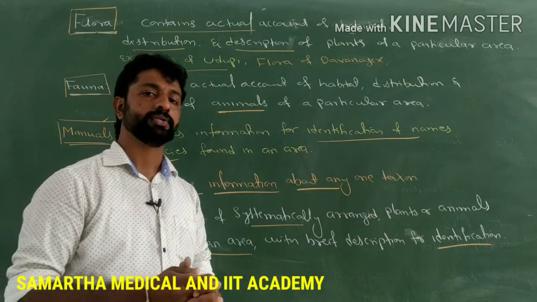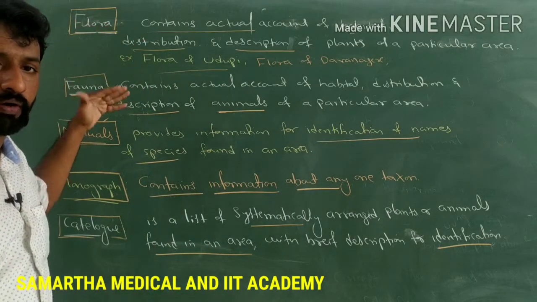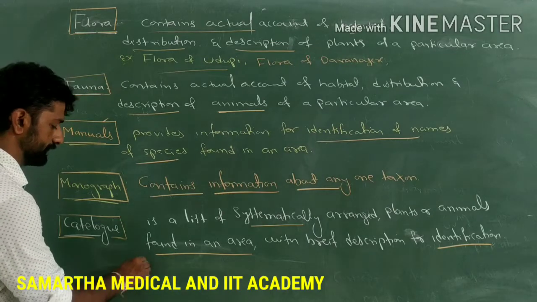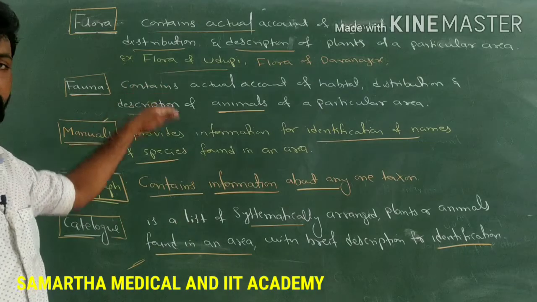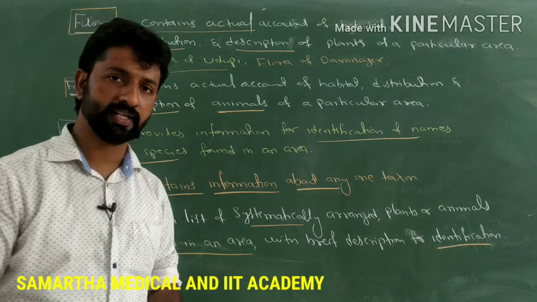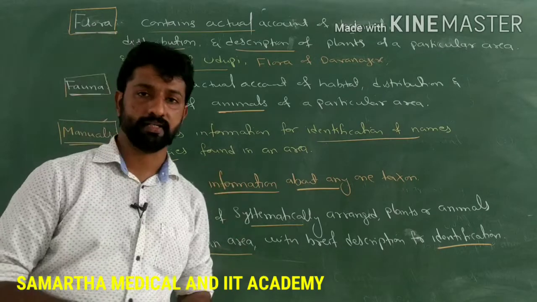So in this way, flora, fauna, manual, monograph and catalog serve as taxonomical aids. Their definitions are very important for the PU exam as well as CET and NEET. Make a note of these points also.